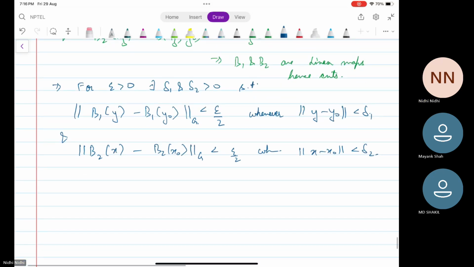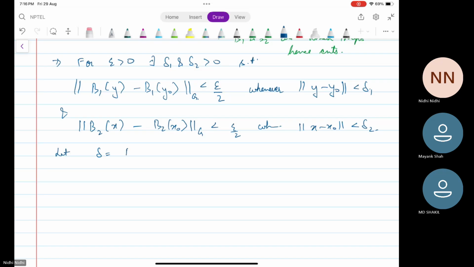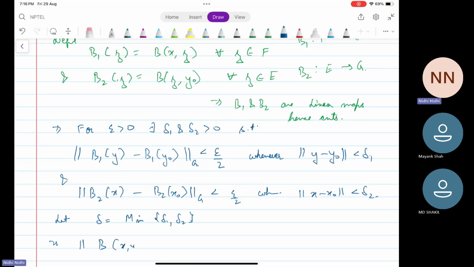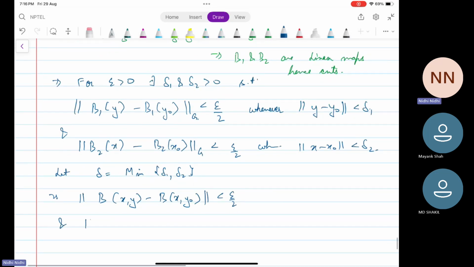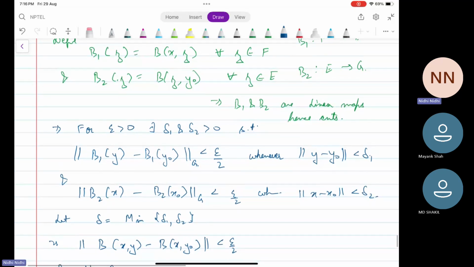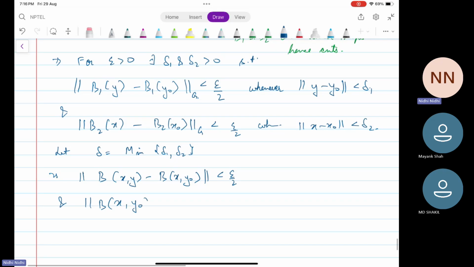Taking delta to be the minimum of delta 1 and delta 2, we get B(x,y) minus B(x,y naught) is less than epsilon by 2, and B(x,y naught) minus B(x naught, y naught) is less than epsilon by 2, and this is happening whenever norm y minus y naught is less than delta and x minus x naught is again less than delta.